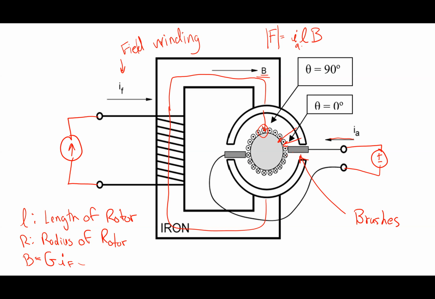Now, what direction is this going to go? How do I figure that out? If I look at the one on the top, I is coming out, B is going down, so my thumb is going that direction. That means if I look at this particular winding, there's a force on it in that direction. For this one here, it would be in the positive X direction, I guess, because the B field's going down and I is coming out, so I get I cross B, and my thumb's going that direction.